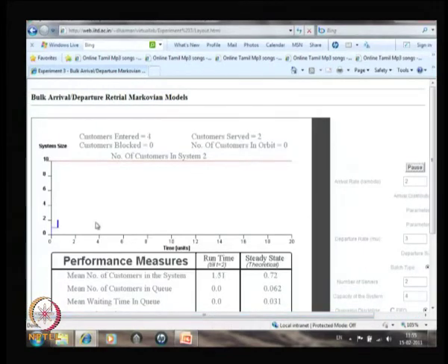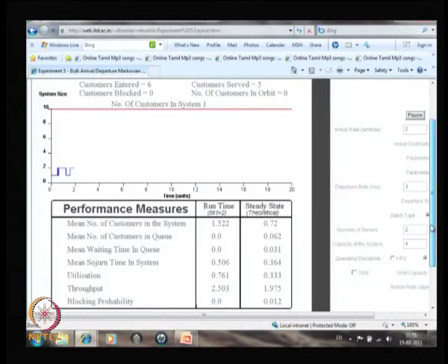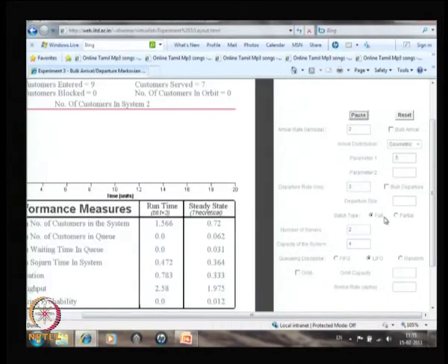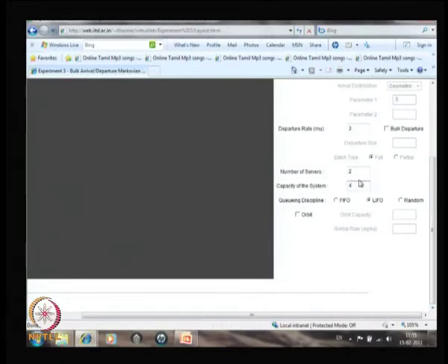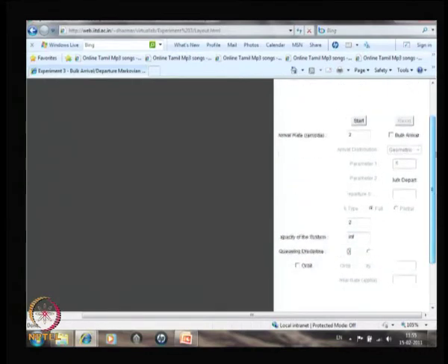The customer who entered last is getting the service first. So this is a steady state, and this is a time dependent result. And I can change this again into infinity, that means it is a 2 servers infinite capacity model with first come first served.